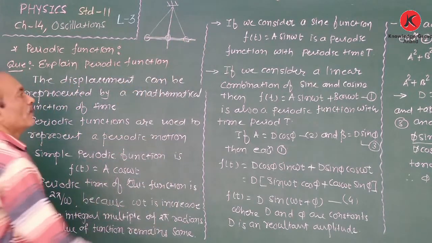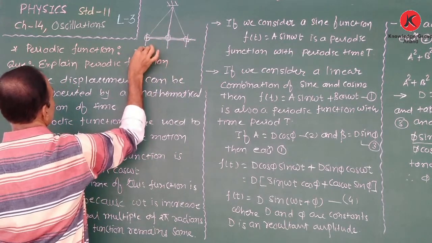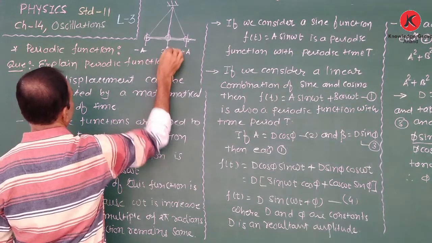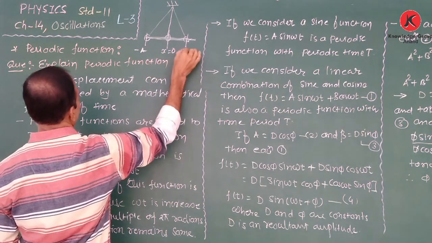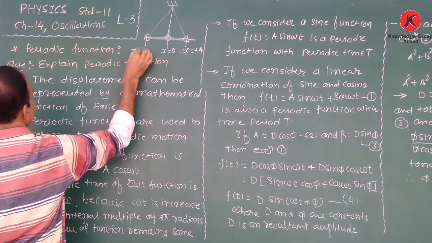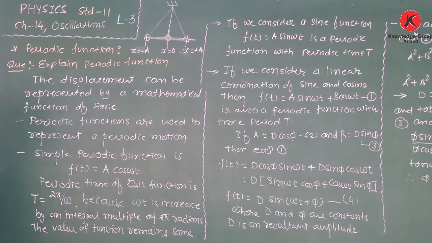The particle performs the motion between two fixed points, minus A and plus A, with x equal to 0 at the middle. So x is equal to plus A in the positive x direction, and x is equal to minus A in the negative x direction.